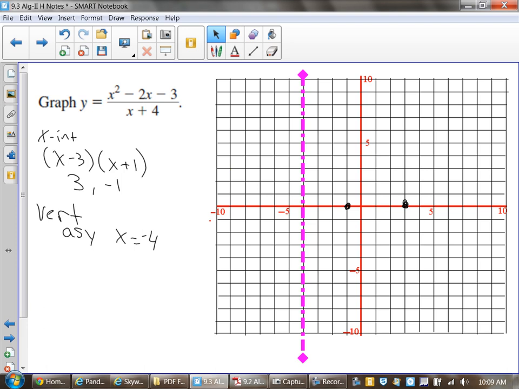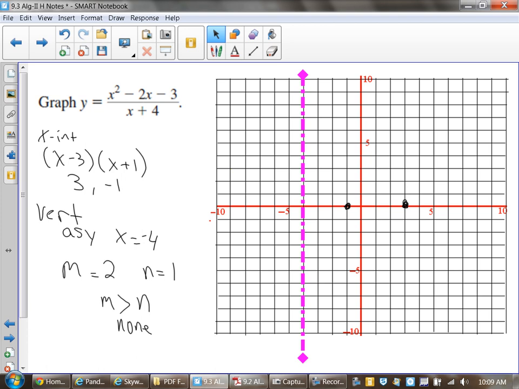No. I don't have a horizontal asymptote because my m value is 2, my n value is 1, and when m is greater than n, there is none. That's using those three cases. Remember, m is the degree of the numerator, n is the degree of the denominator. From there, we can use tables, correct?